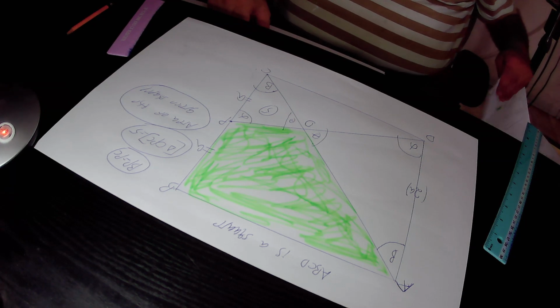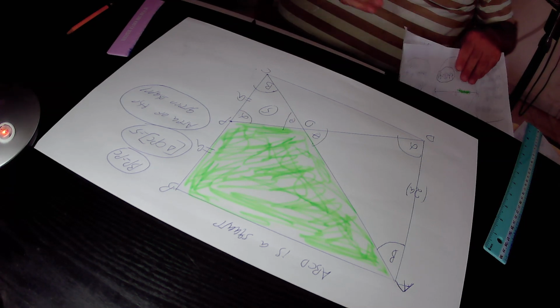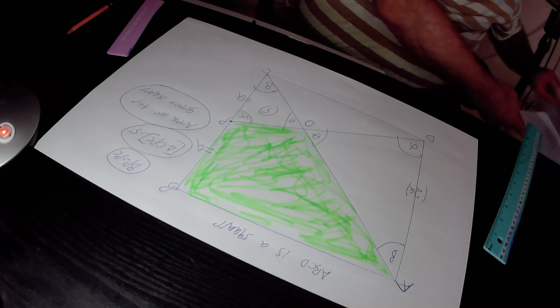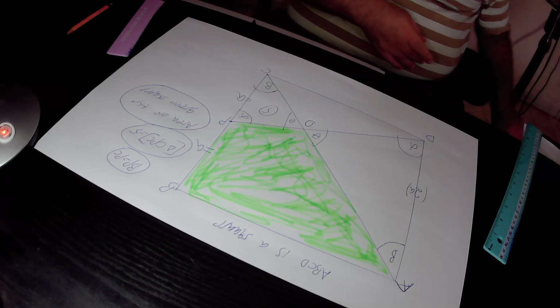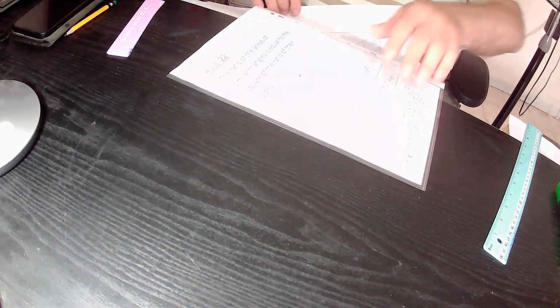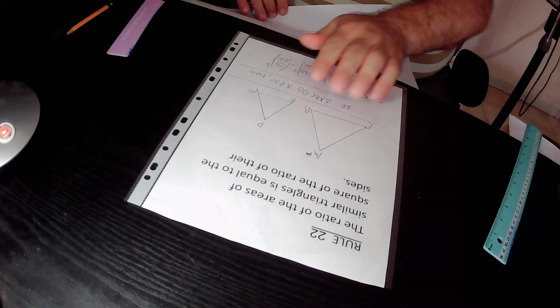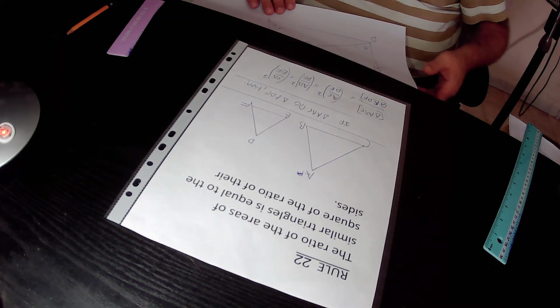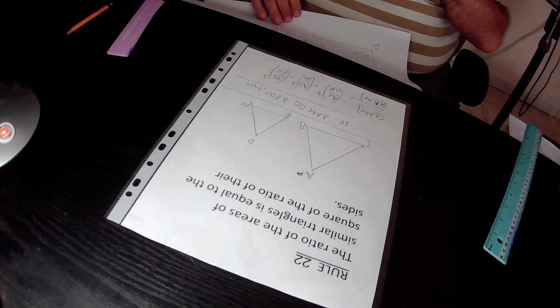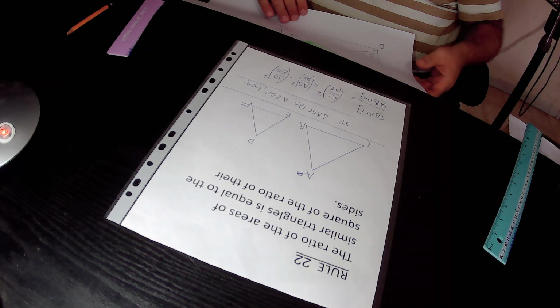And now we present to you a new rule, and we will implement the new rule in our drawing. The new rule is Rule 22. According to Rule 22, the ratio of the areas of similar triangles is equal to the square of the ratio of their sides.